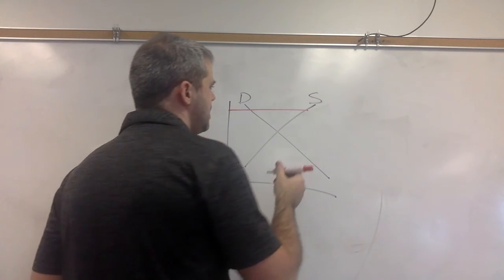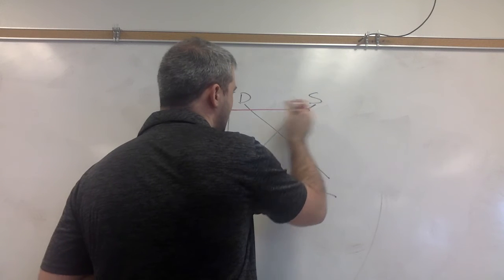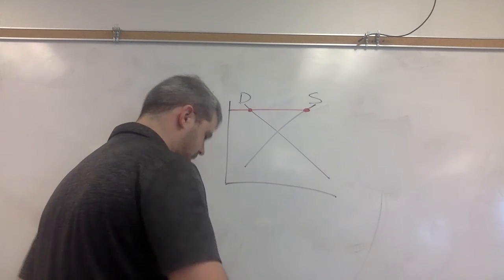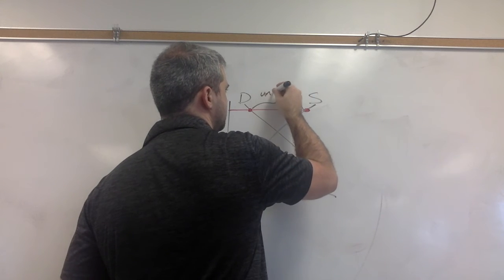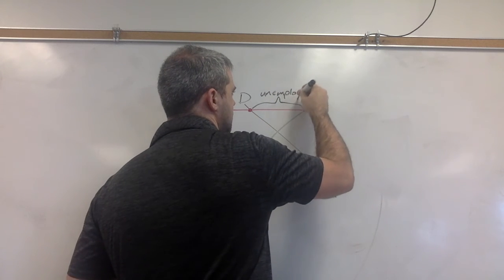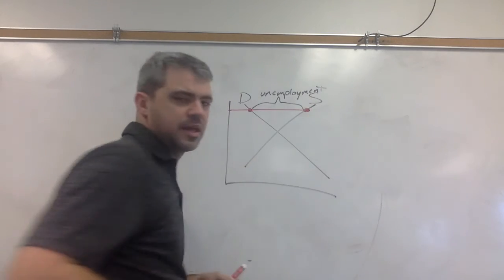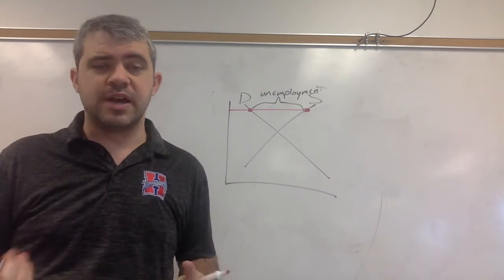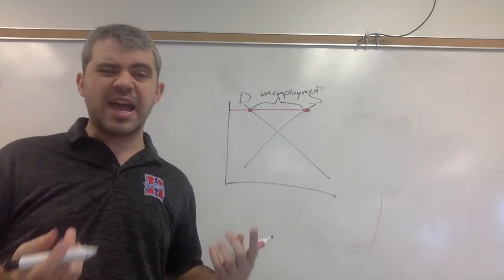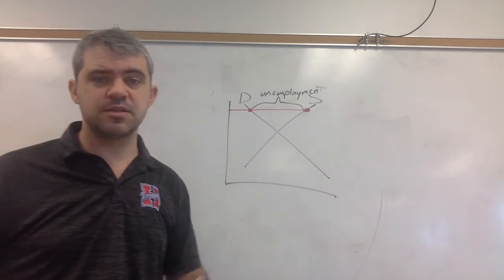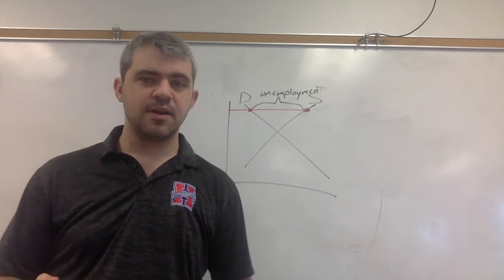We already know that the quantity supplied is going to be higher than the quantity demanded, and there's going to be this gap, and there's going to be unemployment. And so people will say, hey, the minimum wage is going to cause unemployment. And most economists would agree that to some degree that's correct.